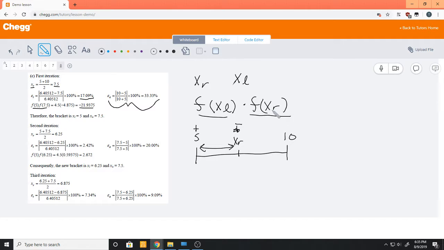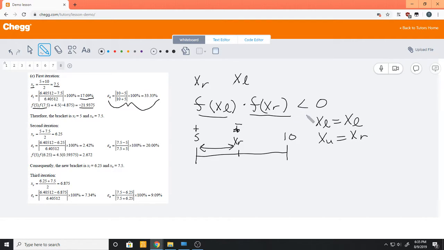you get a sign change, or a negative, meaning it's less than 0, so your xl will stay the same, xl equals xl, and x upper will equal xr.